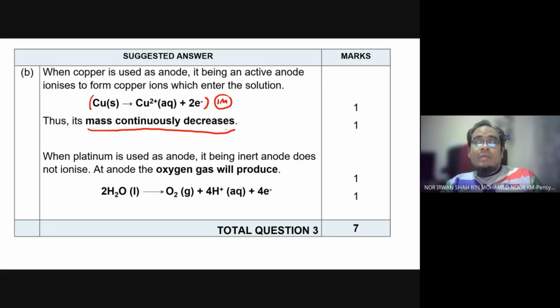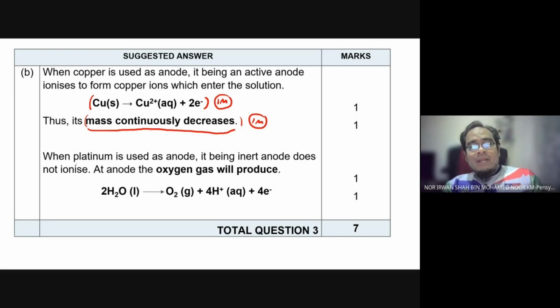Ataupun you nak kata apa? Mass of copper anode decreasing, tak ada masalah. Yang penting maksud dia sama. You menerangkan tentang lama kelamaan copper anode makin susut dia punya mass. So ini markah yang kedua guys. Dah dapat 2 markah kat sini. Okey, ini kalau copper sebagai anode.